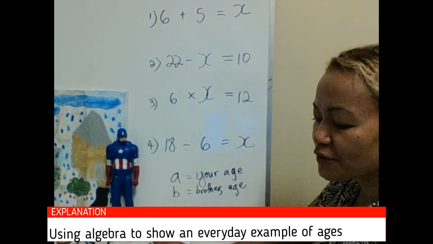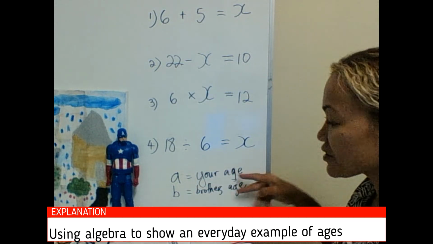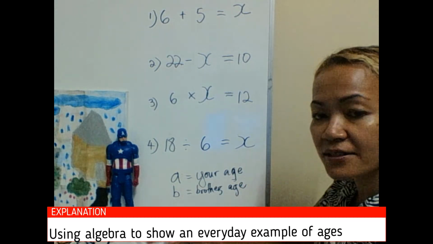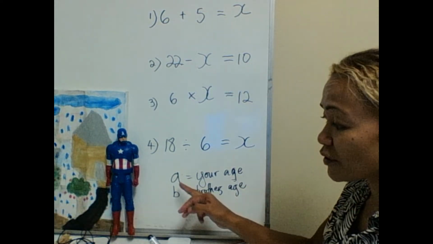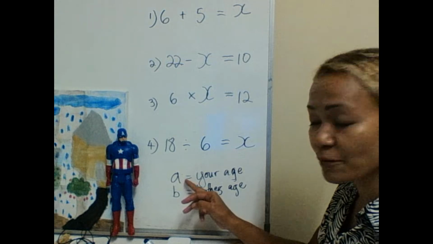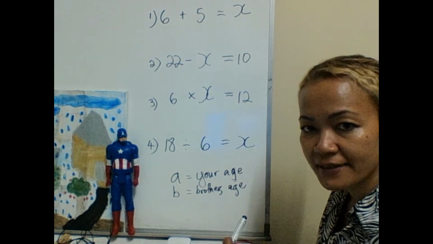If we were to use these letters in a mathematical equation to show the relationship between the two ages, an important thing to note is that at this point we don't know what your age is, and we also don't know what your brother's age is.